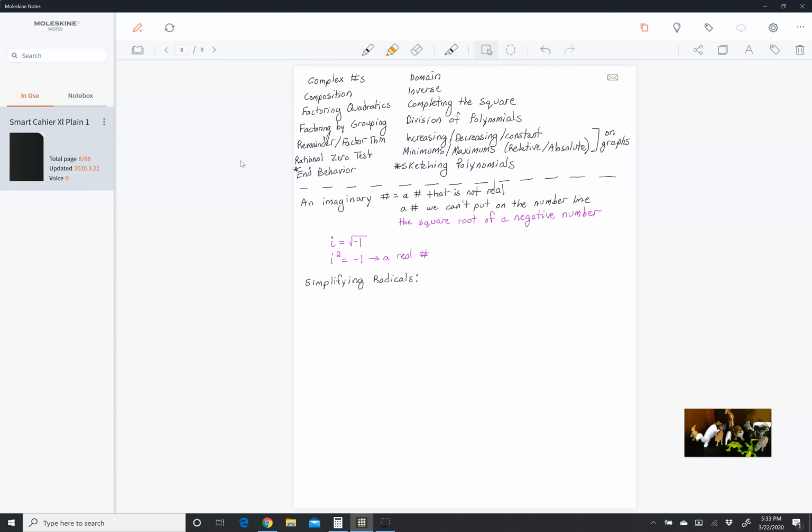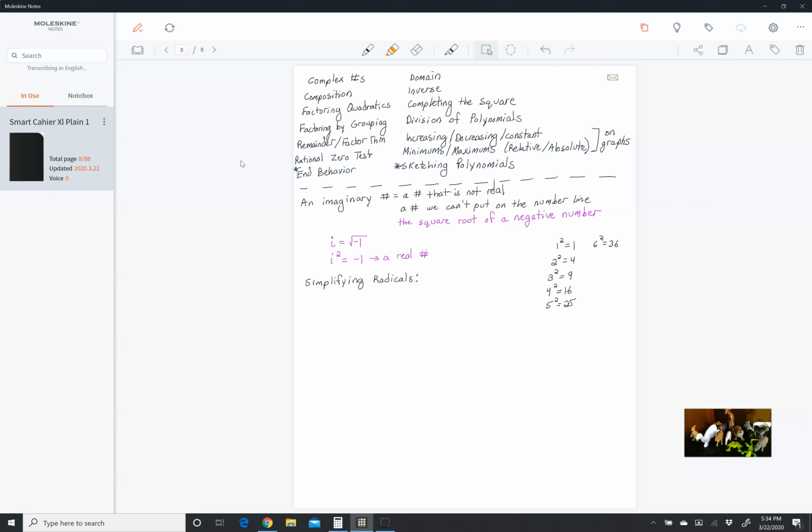And to do this, I do recommend, and you'll have a calculator, but I do recommend that you know some of your square roots. So I would know that 1 squared is 1. 2 squared is 4. 3 squared is 9. 4 squared is 16. 5 squared is 25. 6 squared is 36.